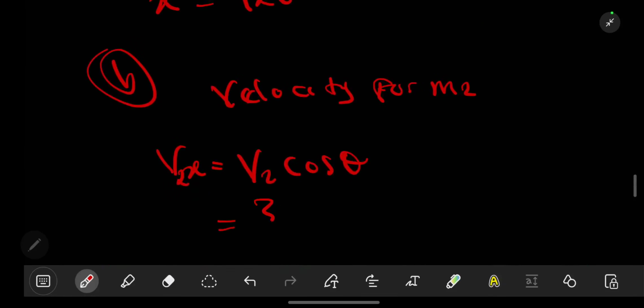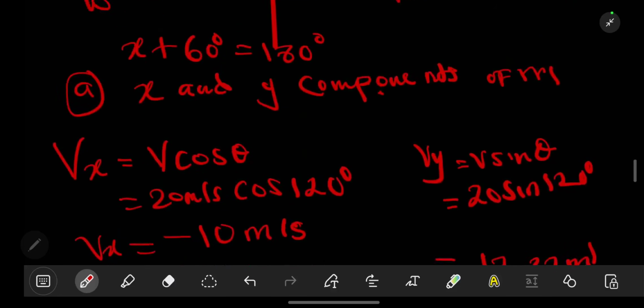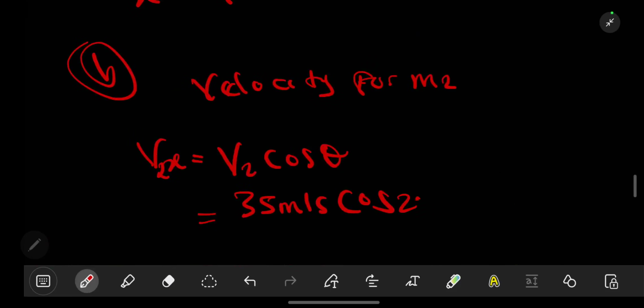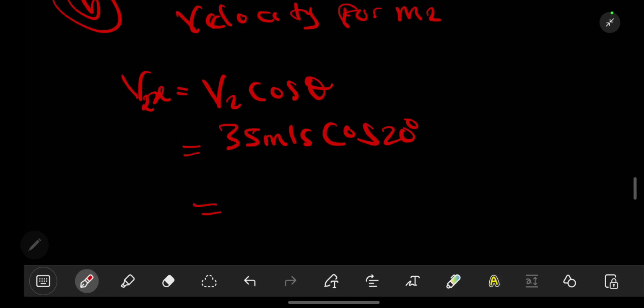So we are going to say 35 meters per second cos of, what is our theta? So our theta measured from the positive x-axis from here until where it is, it's just 20. So we are going to say 20 degrees, which will be 35 cos of 20 will be 32.89 meters per second. So this is our V2x.